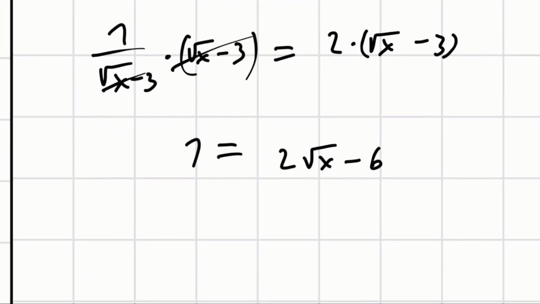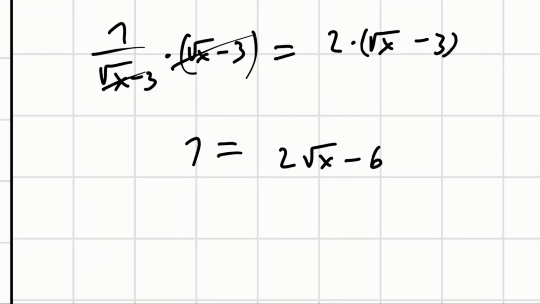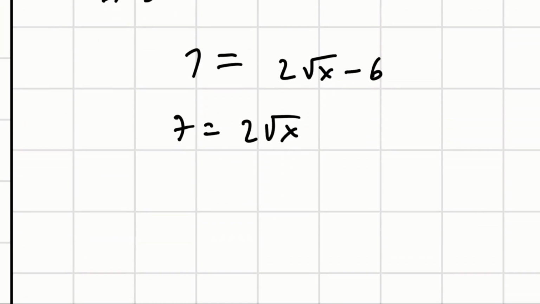Now, since we want to have the x on one side, let's just say here this is plus 6, so we could say this is 7 equals 2 square root of x, and now we just can divide by 2, we get 7/2 equals square root of x.